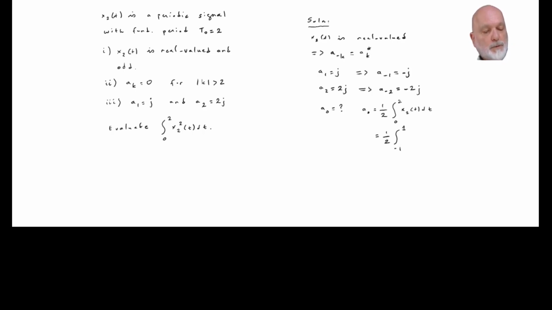Instead of 0 to 2, we have minus 1 to 1, x2 of t integrated with respect to t. But we know that x2 of t is odd. So this is odd. That means x2 of minus t is equal to minus x2 of t.